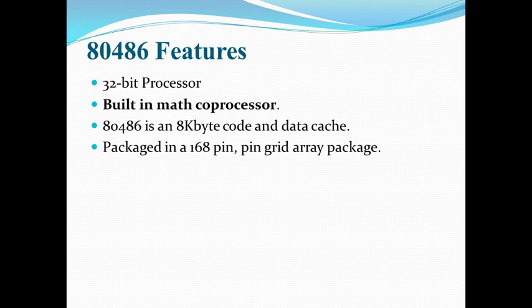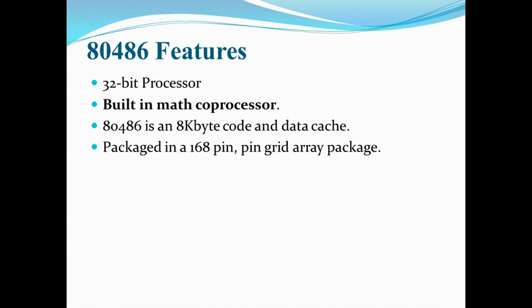This coprocessor is essentially the same as the previous math coprocessors like 80287 and 80387 used with the 80286 or 80386, but being integrated on the same chip allows it to execute math instructions about 3 times as fast as the previous math coprocessors.